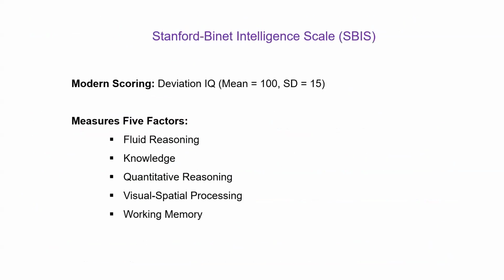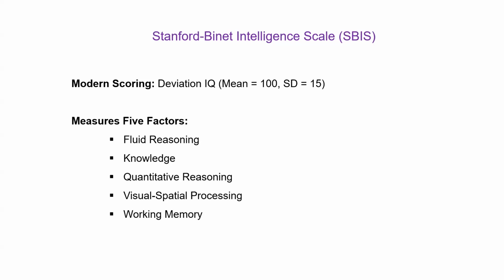So the modern scoring is deviation, where we should get mean 100 and standard deviation 15. Using this we can measure five factors. What are they? One is fluid reasoning. The other one is knowledge.